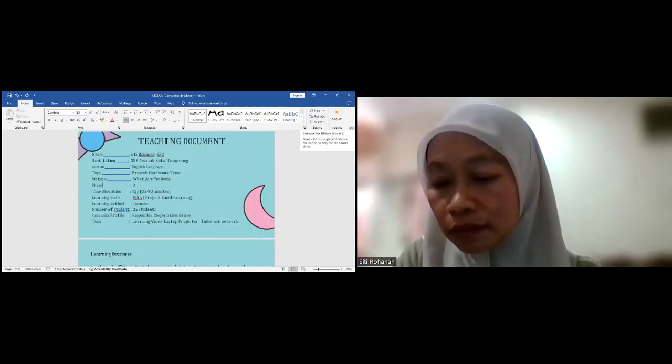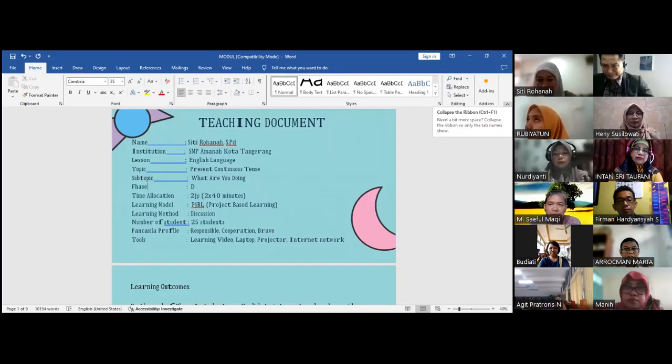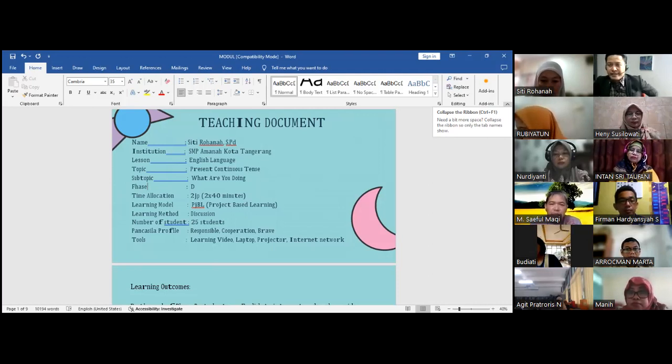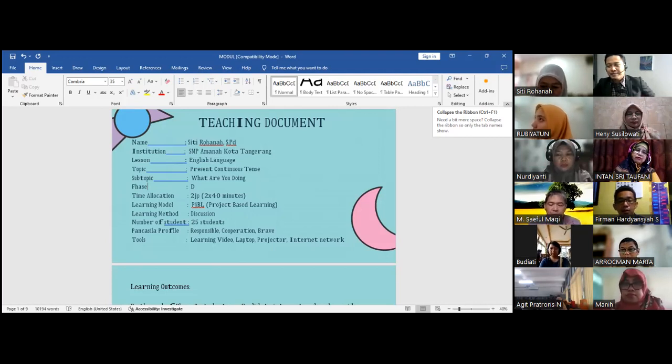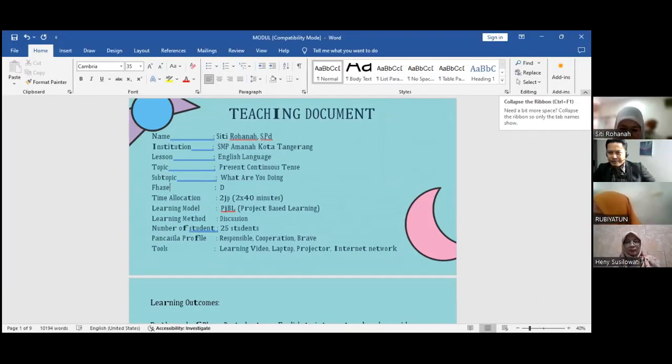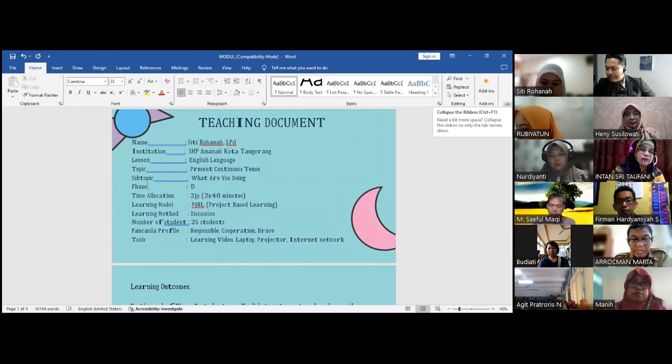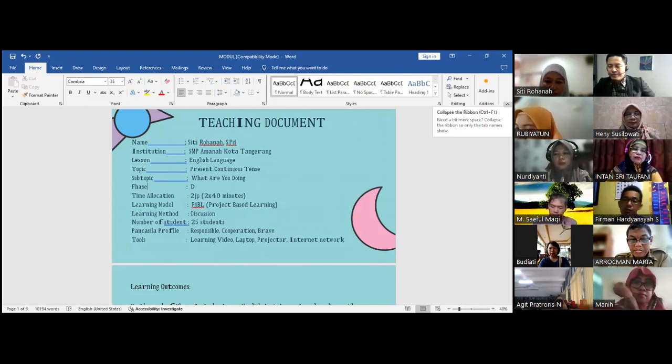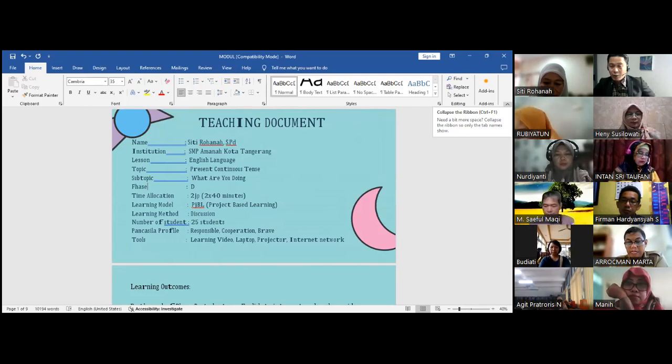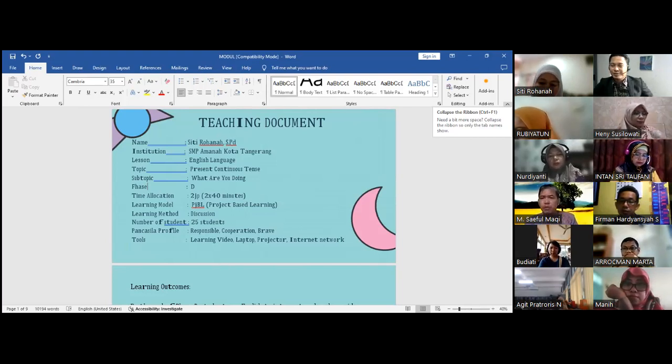To be honest, based on your teaching document here, Miss Siti Rohana, I hope... Okay, I'm gonna mute it first so I can give a clear explanation. First of all, from the visual that you try to develop in your teaching document, I hope you're going to use the Canva application.